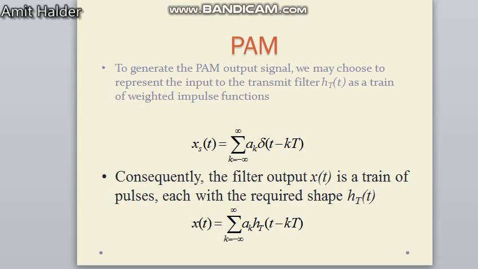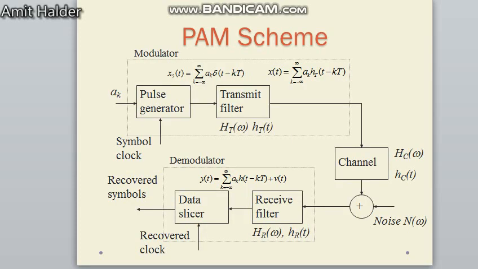So we just feed the impulse function to h_T. After going into the filter, the output x(t) is the train of pulses, each with the required shape h_T(t). Those pulse trains come from the clock shapes, right? That is going to be the symbol clock as you can see here.